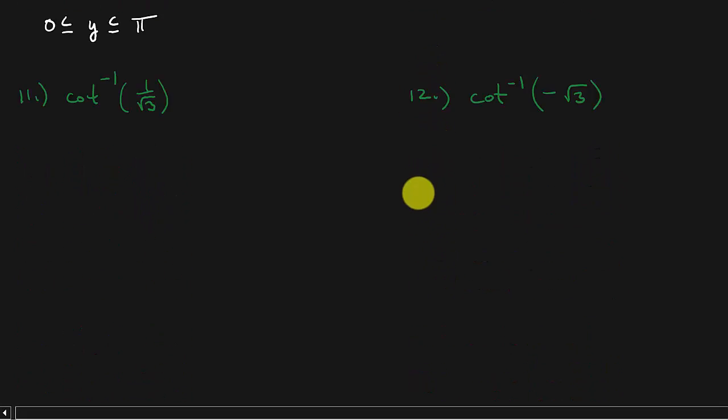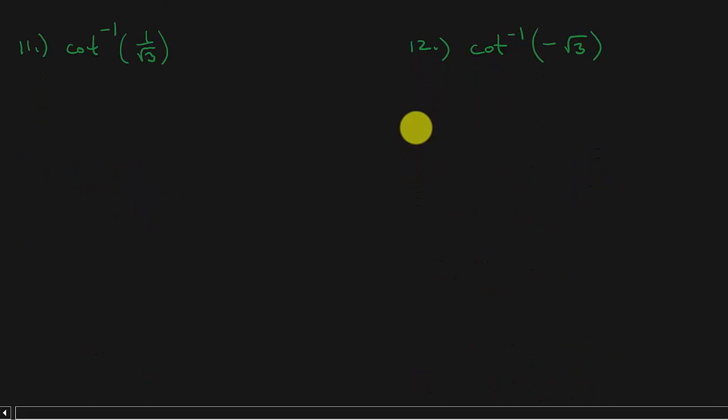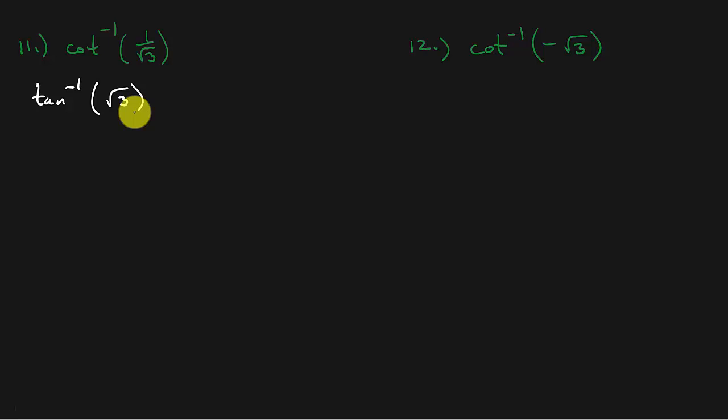I've got 2 problems of cotangent. This first one is going to be inverse tangent of square root of 3. Before we get started, let's look at this a minute.